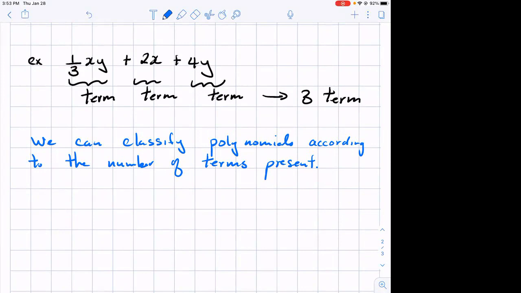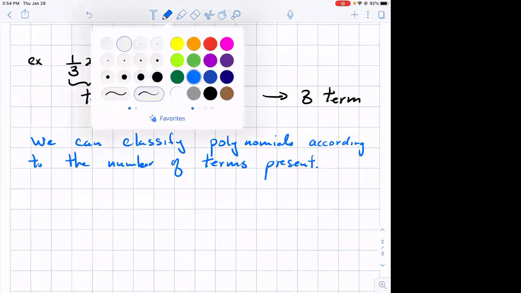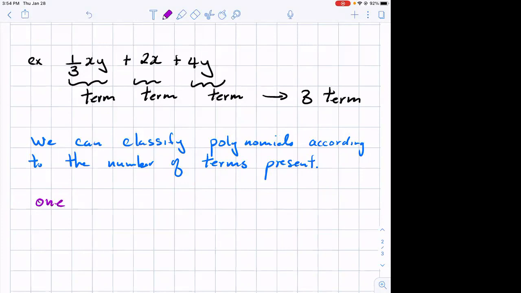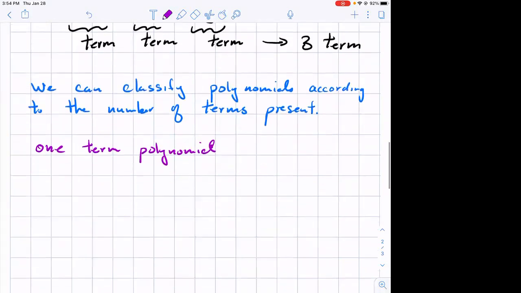If a polynomial has 2 terms, so we can classify them according to the terms present. A one-term polynomial, okay? So if we have one term polynomial, an example of this will be 2 or minus 3 or 4x or 1/2 a. These are all one-term polynomial.